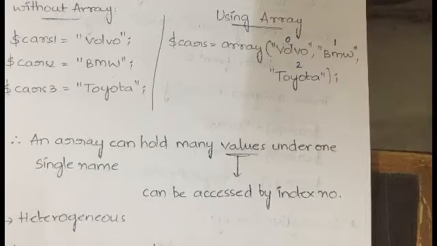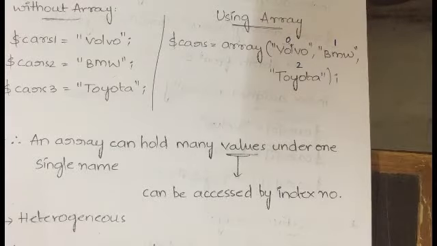We say homogeneous collection of data elements, but here it is heterogeneous. That means you can store different types of values, because PHP is a loosely typed language. So it is not like you have to store similar data types under one array. You can store data of different kinds, one integer value, one float value, one character value. That's your wish. You can store according to your comfort, right? So in PHP, arrays are heterogeneous.